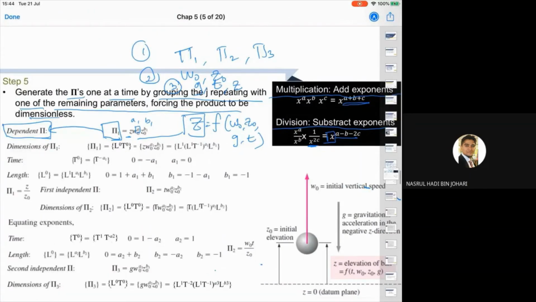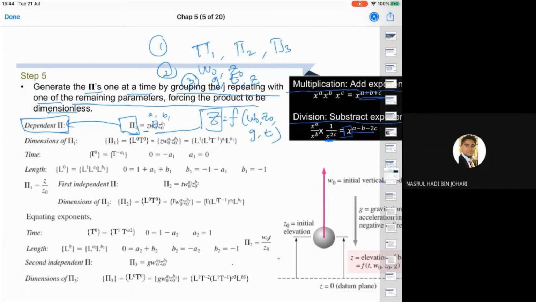Okay, so for now, knowing this, we can do the analysis of the dimensions. Here we first put the Buckingham dependent pi. So pi 1 equal to Z, W0, Z0. Remember, W0 and Z0, if you look, appear in pi 1, pi 2 and pi 3.